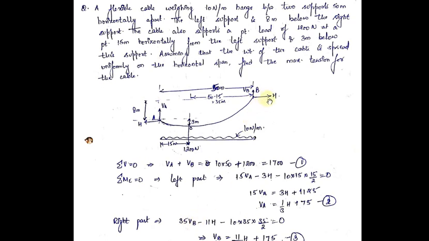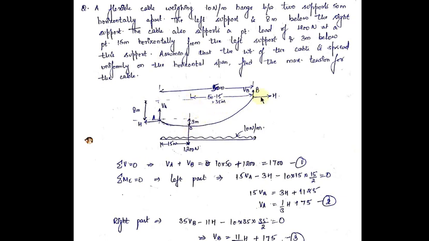Now the second force is your horizontal thrust, which is acting in the rightward direction. So this horizontal thrust will produce a clockwise bending moment about point C. So for clockwise we are taking minus, and the perpendicular distance of horizontal thrust from the C point is your 11.